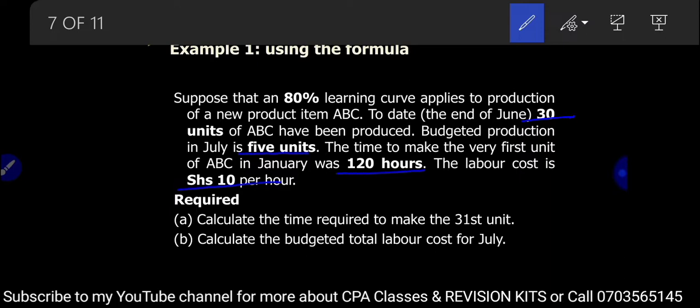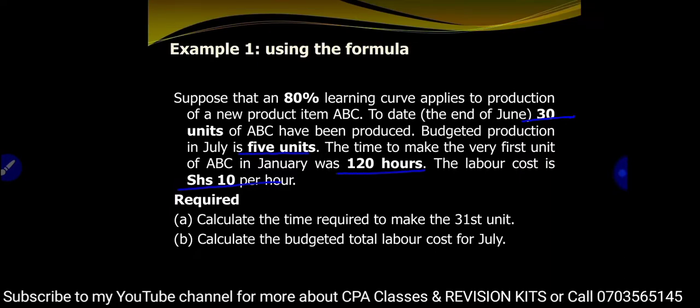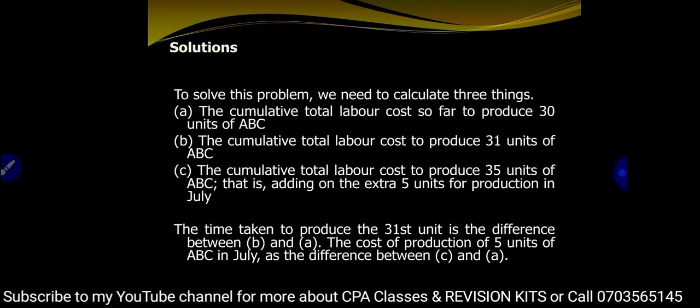But you are required to calculate the time required to make the 31st unit. Then part B, calculate the budgeted total labor cost for July. Remember, in July we are only producing 5 units, so they want you to come up with the total cost taken to produce the 5 units in July.